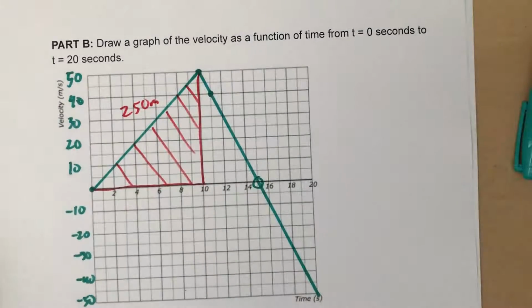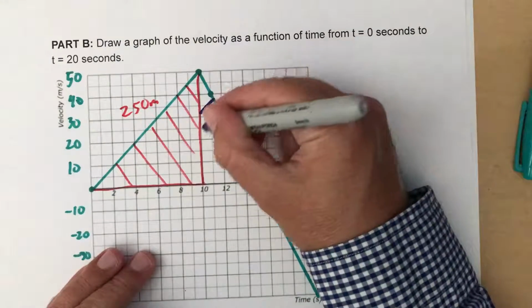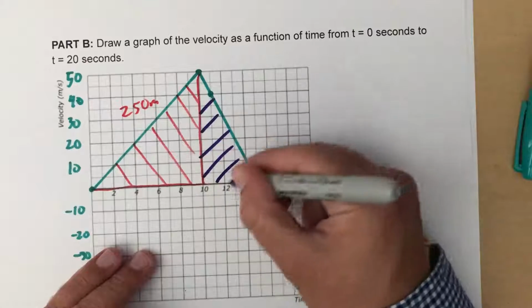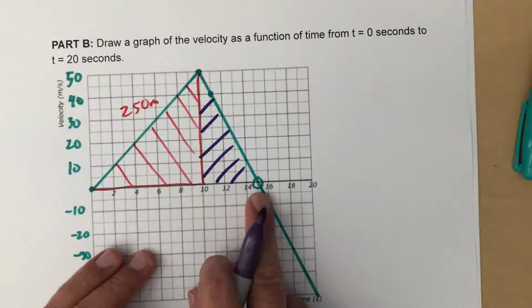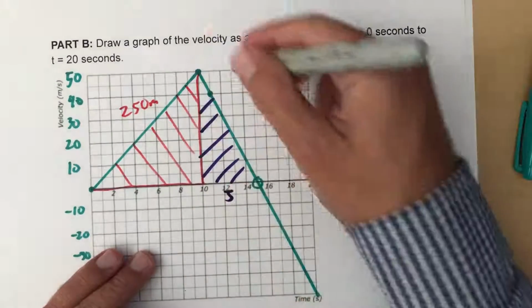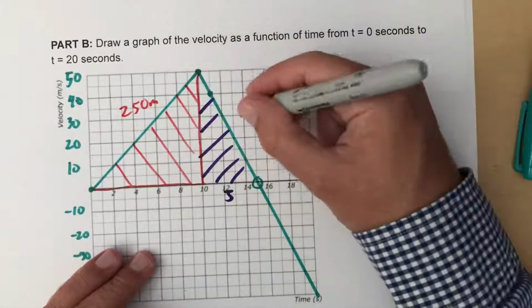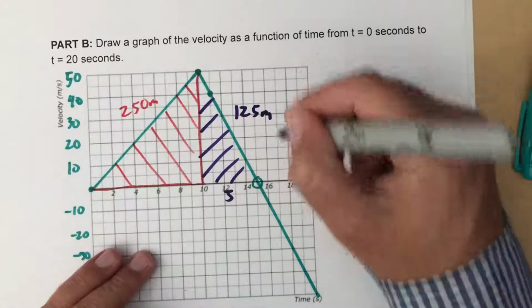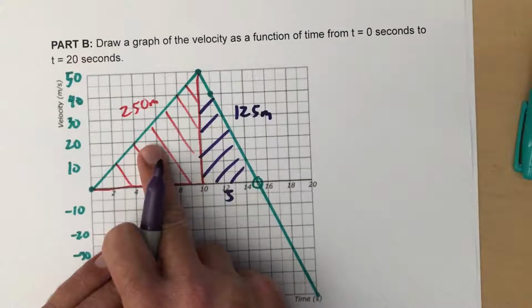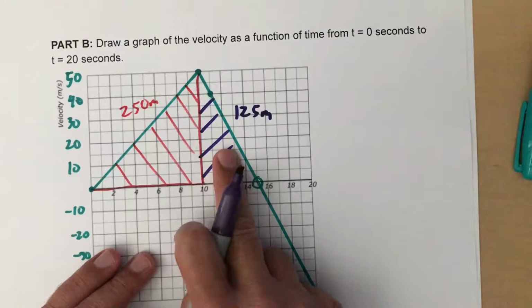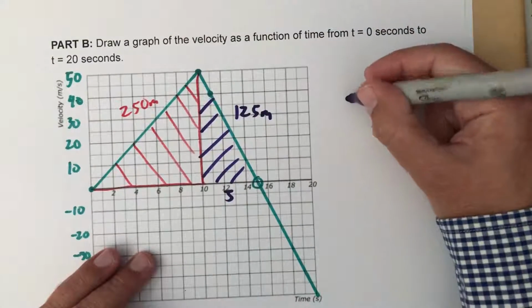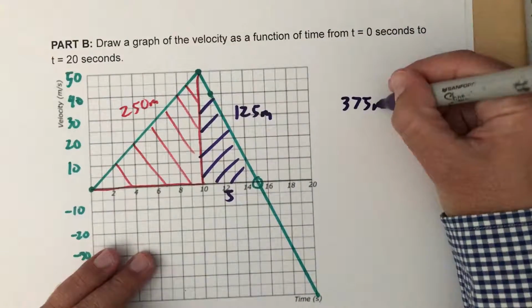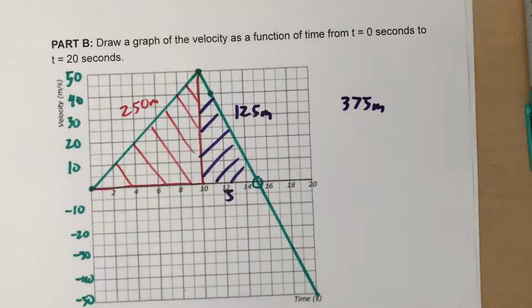And then on this side right here, our base is from 10 to 15, so it's 5. Our height is 50 again, so 5 times 50 is 250. Half of that is 125 meters. And so this section's 250, this section's 125 meters. So all together, you get 375 meters is the maximum displacement there, and that's the maximum height.